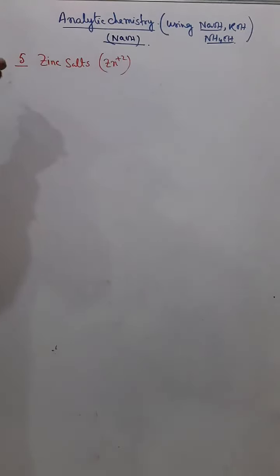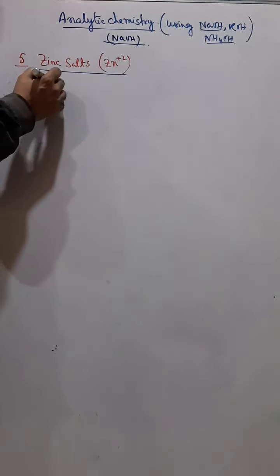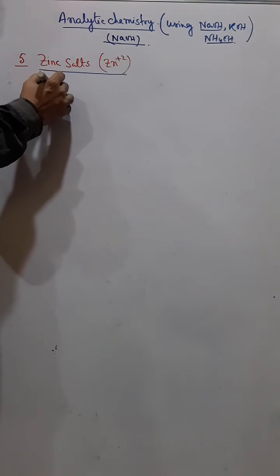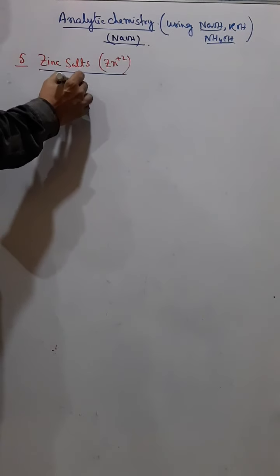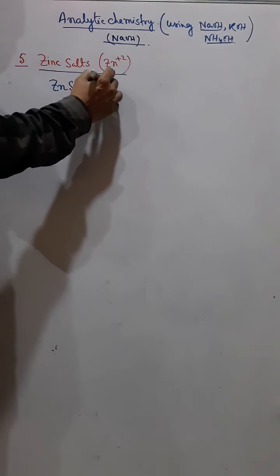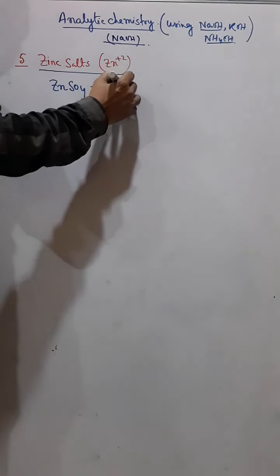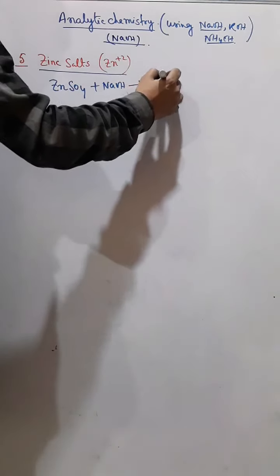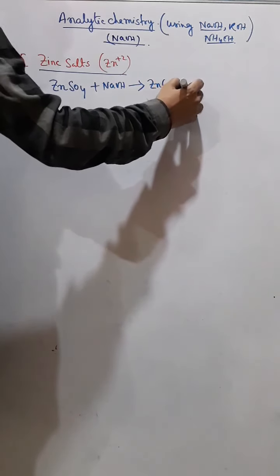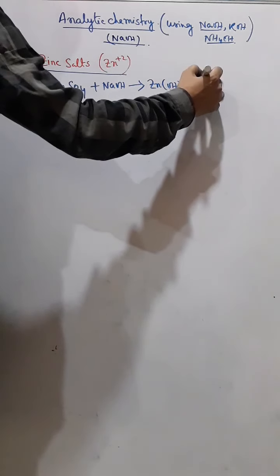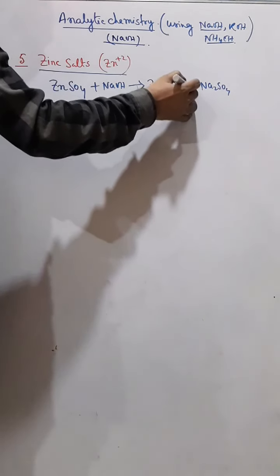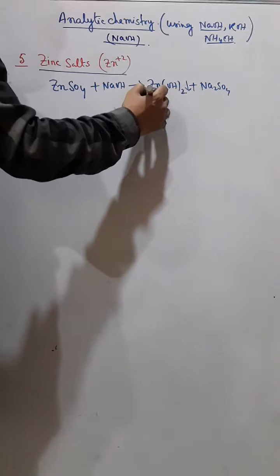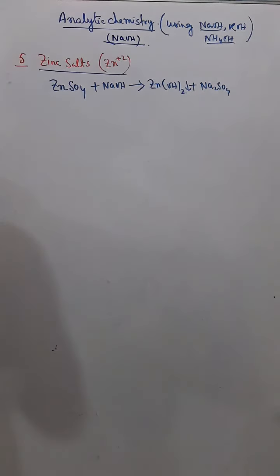Okay, now zinc salts. Suppose we are using zinc sulfate plus NaOH, so you can understand what we get: zinc hydroxide plus Na2SO4. So you get a precipitate of zinc hydroxide, and zinc hydroxide, as you know, is gelatinous white.